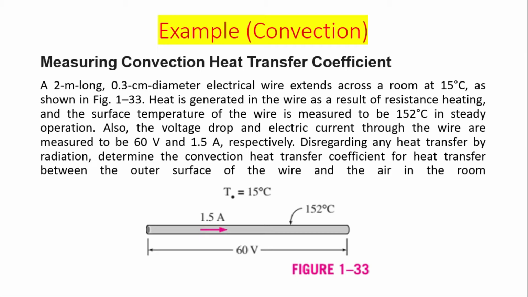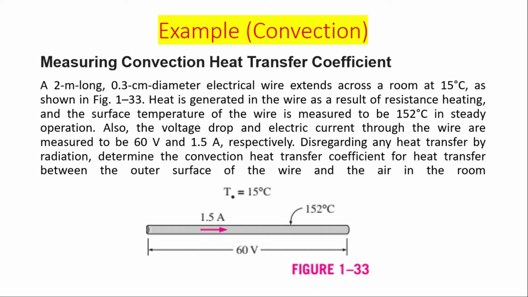Determine the convection heat transfer coefficient for the heat transfer between the outer surface of the wire and the air in the room. The air in the room has a temperature of 15 degrees centigrade and the surface temperature of the wire is 152 degrees centigrade. So two things are clear: we know the two temperatures that we are going to use in Newton's law of cooling.